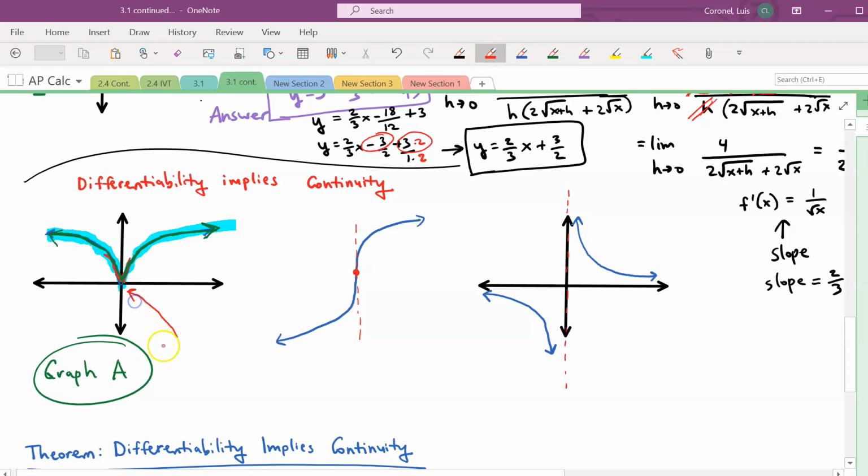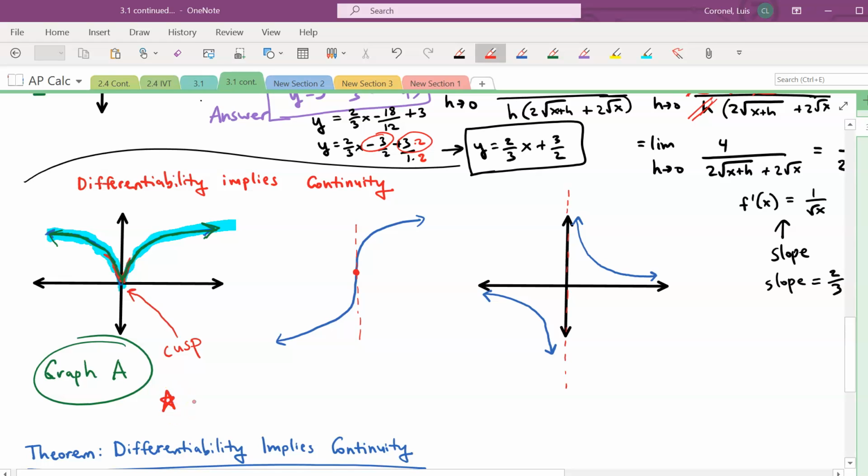However, at the cusp, it is difficult to determine the derivative. So just because a function is continuous doesn't mean that the function has a derivative. That's an important idea.